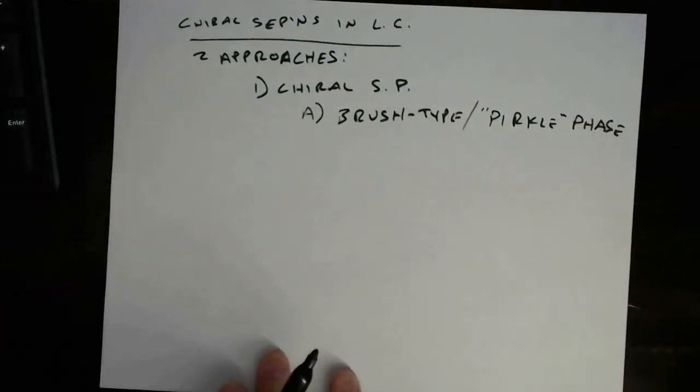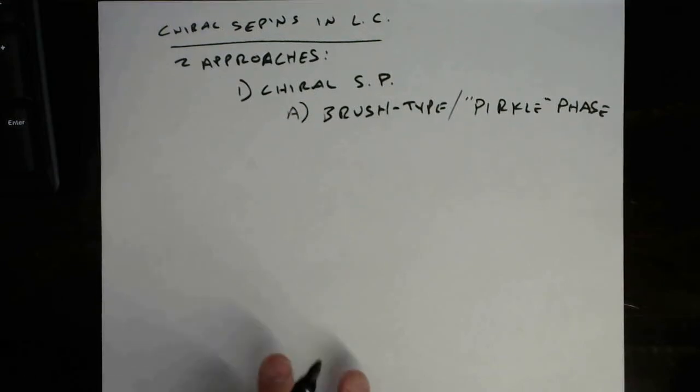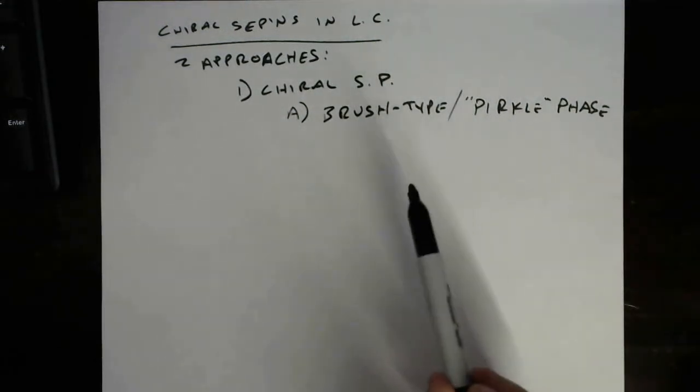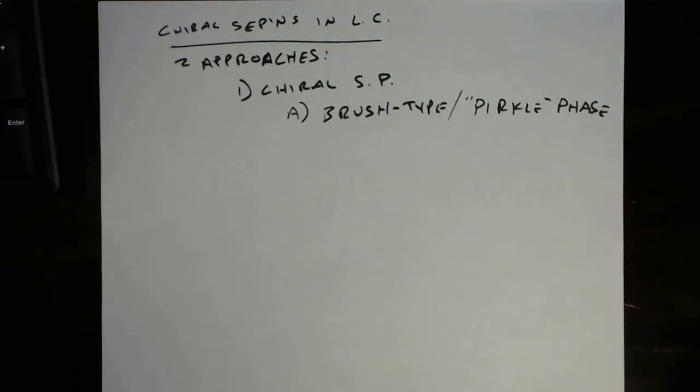So the concept here, and we're going to switch to a screen capture here in just a second. The concept behind these Pirkle phases is that you have a stationary phase that is dangling off a molecule with a lot of functionality that's going to give intermolecular forces. So you see a lot of pi stacking type functionality, so conjugated rings.